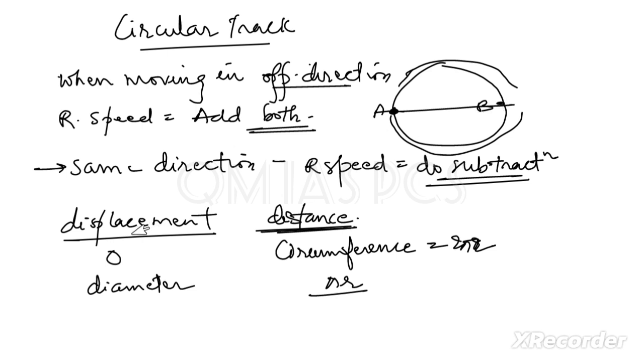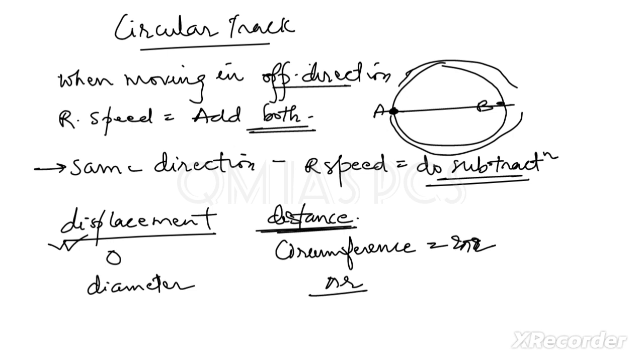So till now I think you have understood what displacement is. Displacement means the shortest distance between the initial and final point. Like in the initial example, if you started from this point and finished at this point, then the displacement from initial to final point will be 0.